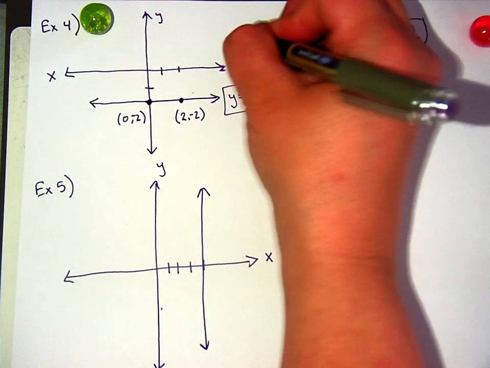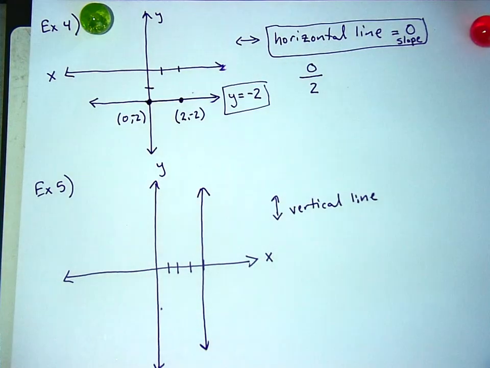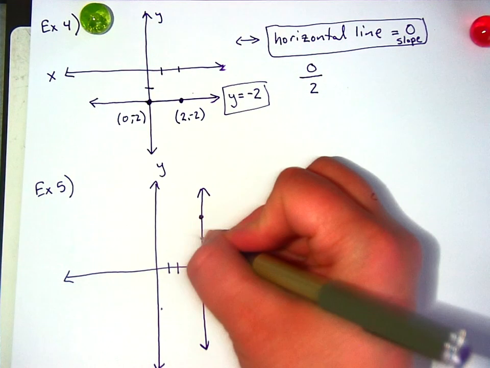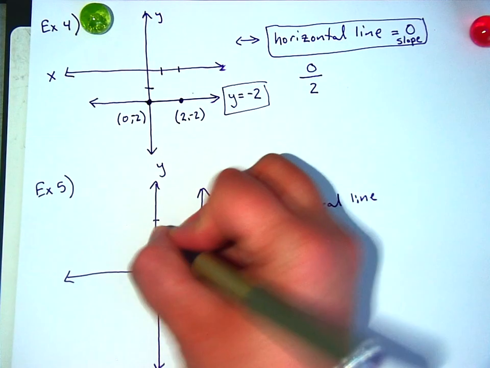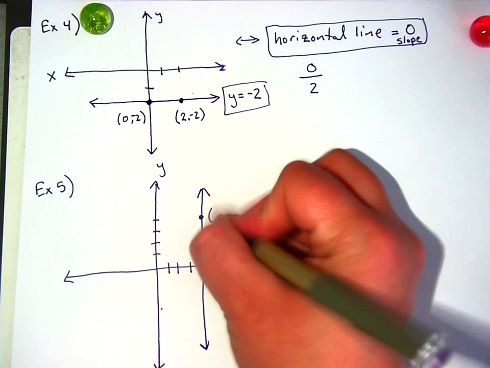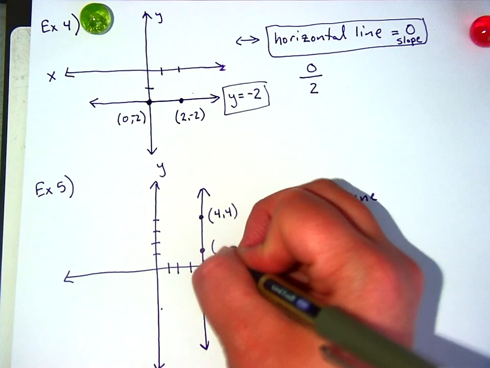Horizontal line goes left and right. A vertical line goes up and down. All right, let's pick 2 points this time. This one is 4, 4, and this one is 4, 1.